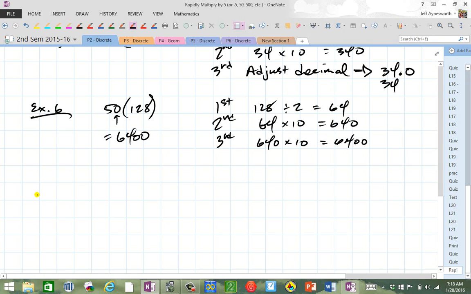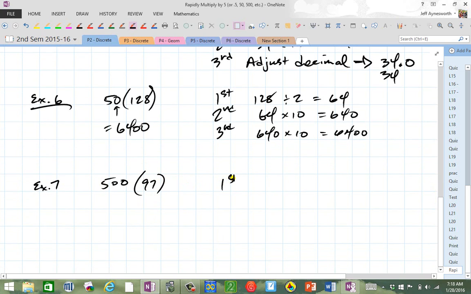Now, if you go times 500, same thing. So one last one. If you take 500 times, let's say, I don't know, 97. Here, let's do an odd example again. Okay, so first, you could take half of 97, and if you know that's 48.5, great. If not, you multiply by 10 first, which maybe you guys want to do. So let's multiply by 10 and switch the order of the steps.